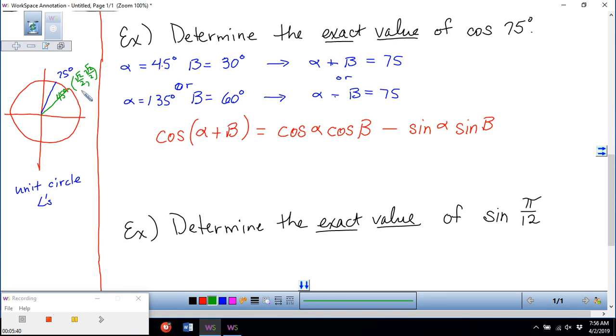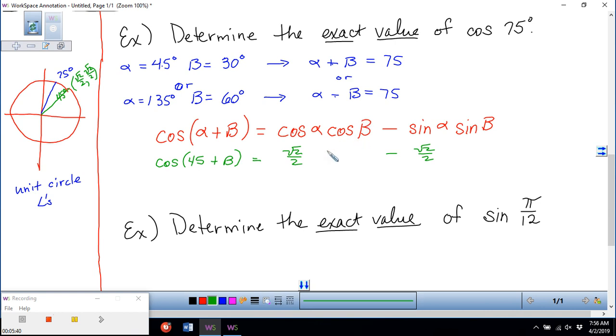So when I plug in for the cosine of alpha, alpha being 45 degrees, cosine of alpha is square root of 2 over 2, and sine of alpha is also square root of 2 over 2. So I'm directly plugging in this value for the cosine of alpha and the sine of alpha.